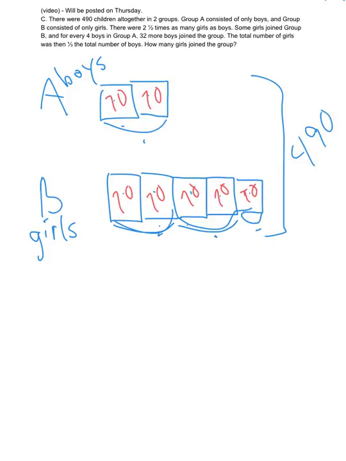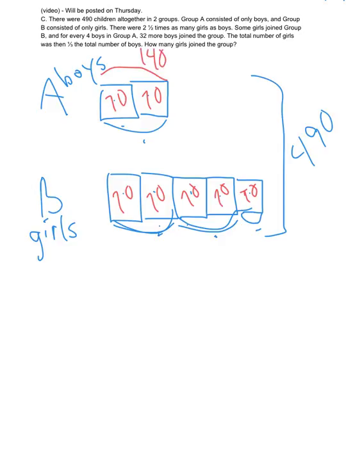Now it says here, some girls joined Group B. That's not giving us any type of information whatsoever. But the next clue does. For every 4 boys in Group A, 32 more boys joined the group. For every 4 boys. Well, right now I've got 140 boys.